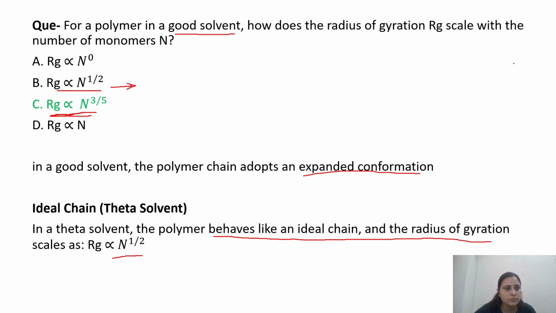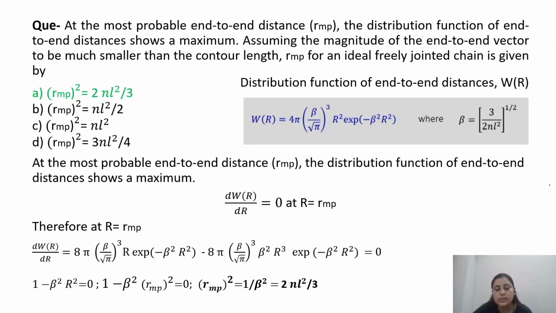As we have already discussed, the distribution function of the end-to-end distance is given as W(r), provided in the lecture slide: W(r) equals 4 pi beta by root pi to the power 3, r square, exponential minus beta square r square, and the beta value is given as (3 by 2nl square) to the power half.